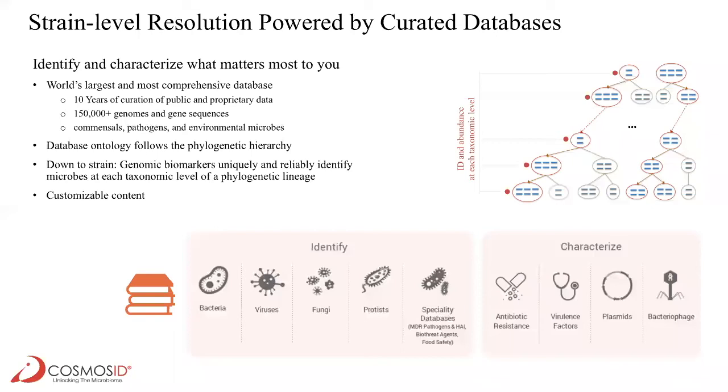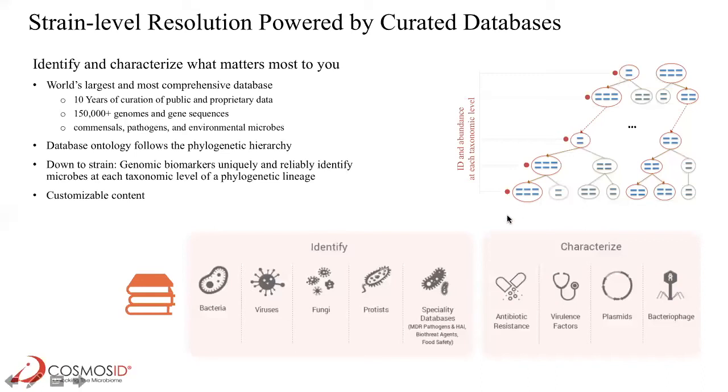Once the tree has been constructed, think about 150,000 genomes being used to create a giant phylogenetic tree, like a tree of life. Then our algorithm finds k-mer signatures at every branch and node of the tree. Typically, we end up with hundreds of millions of biomarkers at different phylogenetic node levels.